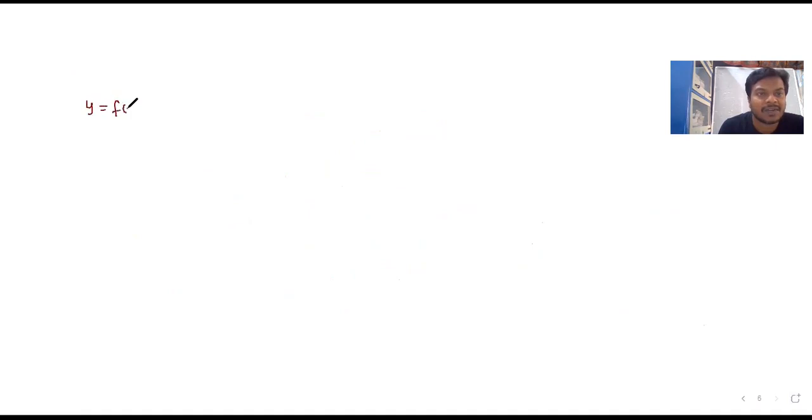Suppose y equal to f of x is given, then we will discuss how to draw the graph of y equal to modulus f of x. Suppose, for example, you have y equal to (x minus 1) into (x minus 2), then how to draw the graph of y equal to modulus of (x minus 1) into (x minus 2)?